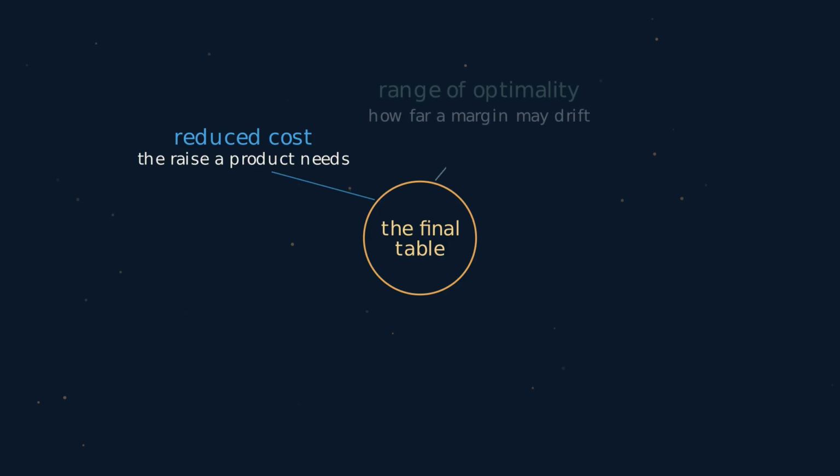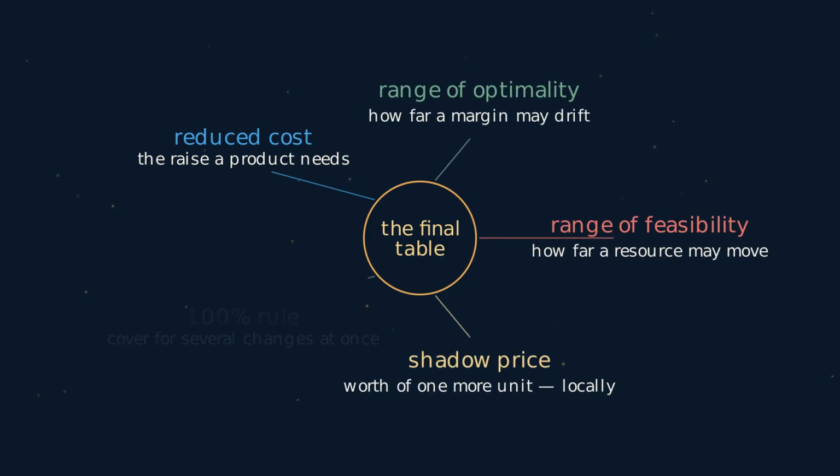Step back and look at what one table gave you. A reduced cost, telling you the exact raise an ideal product needs. A range of optimality, telling you how far a margin can drift before the plan itself changes. A range of feasibility, telling you how far a resource can move before a different constraint takes charge.